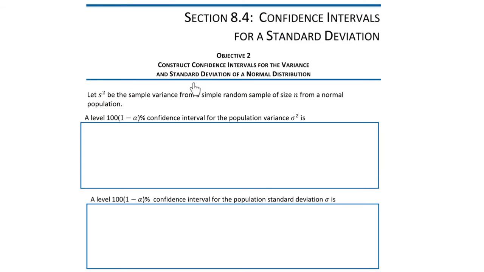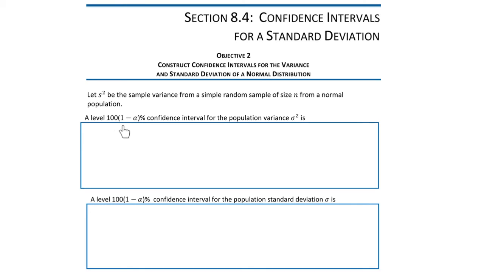Objective 2, construct the confidence intervals for the variance and standard deviation of a normal distribution. Let S square be the sample variance from a simple random sample of size n from a normal population.